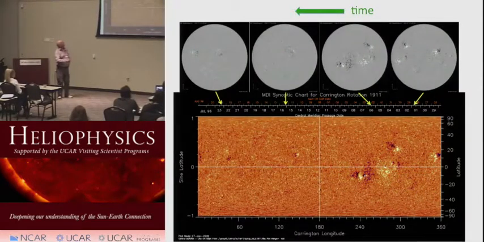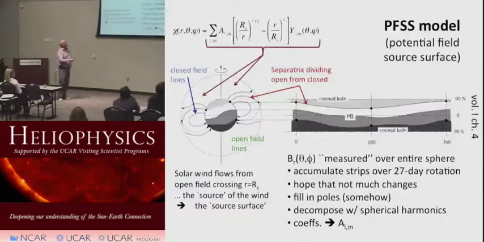This is a plot, although slightly different color scale, that I showed before. And this I can decompose into spherical harmonics and make the maps that I was showing you before. And this is a cartoon version of that map. This is the place where, at the source surface, the magnetic field is going outward, going inward. There's the place where they reverse.